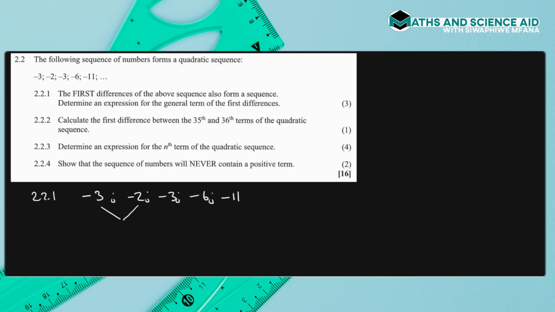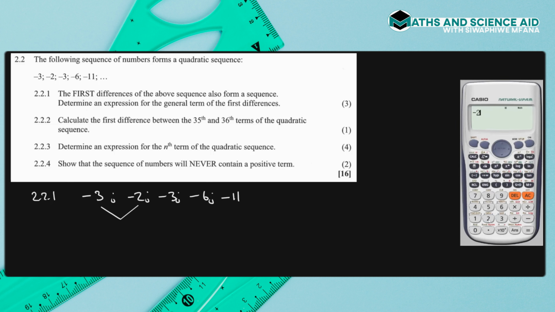So let's work out the difference between the first two terms. So what is -2 minus 3? In fact, to make this process easy, I will use a calculator. So we need to find -2 minus -3. So this is equal to 1. So now let's find the difference between -3 and -2. So -3 minus -2 is going to give us -1.